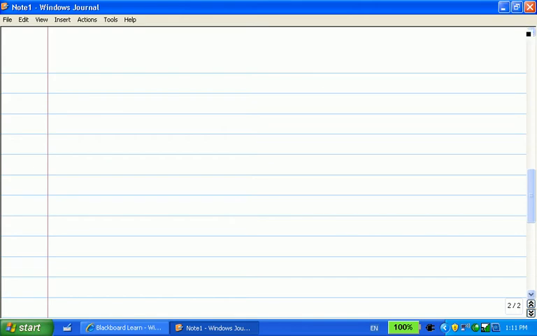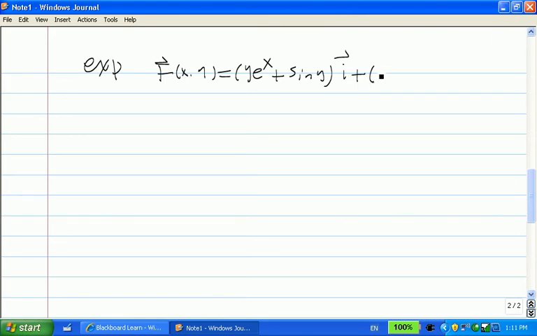Okay, now let's look at some examples. Example: I give you capital F(x, y) equal to (y e^x + sin y) i, that's the first component, plus (e^x + x cos y) j.